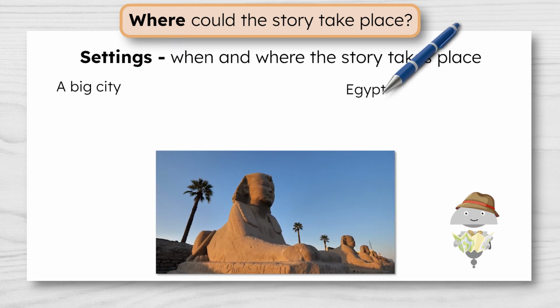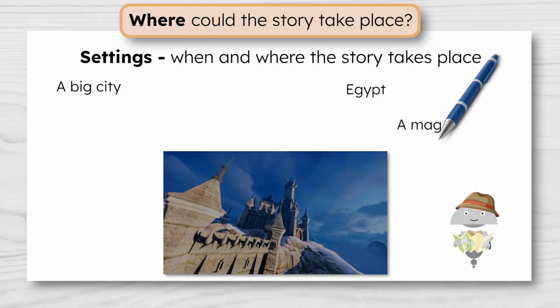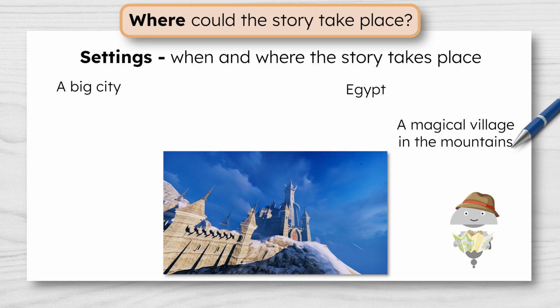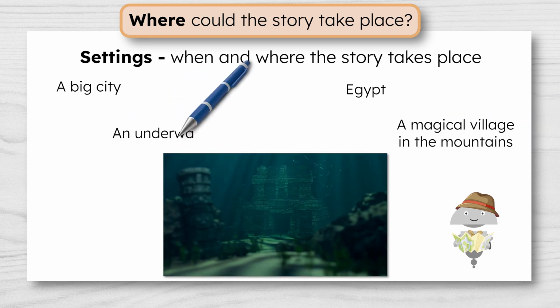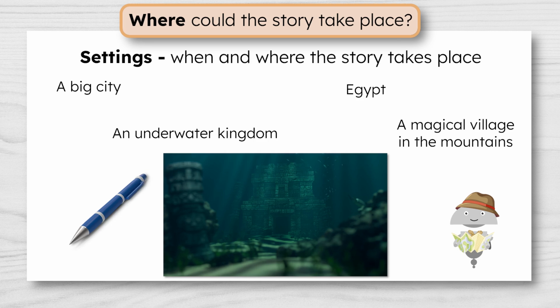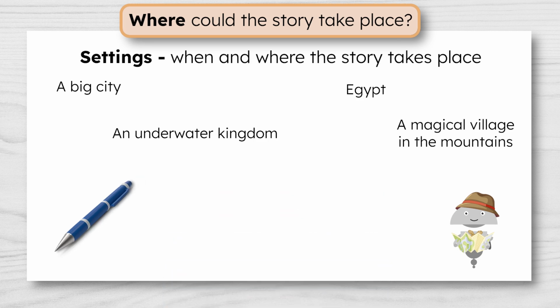Or it could be somewhere imaginary, like a magical village in the mountains. Or an underwater kingdom. Notice how I'm writing down everything that comes to mind? When we brainstorm, we record ideas without worrying about whether they're the ones we'll actually end up using.